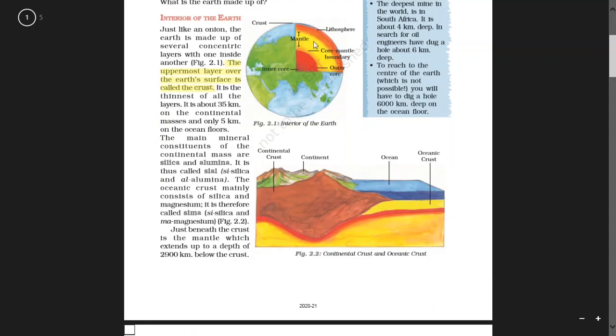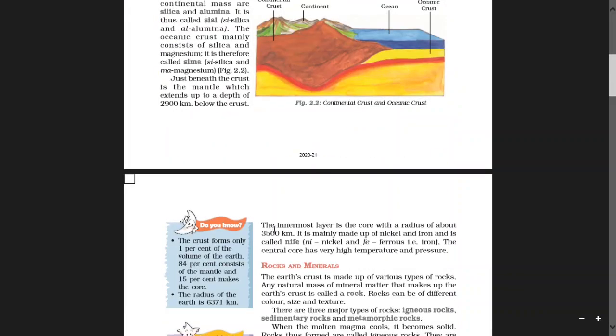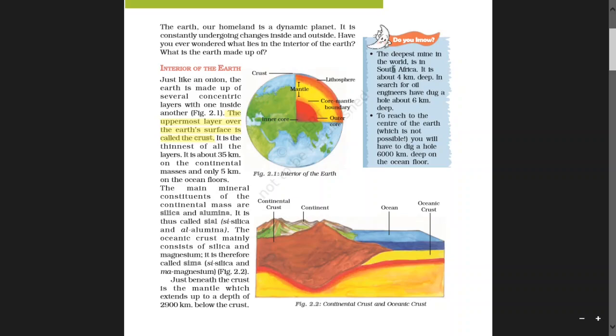Do you know? If you know, it's okay. If you don't know, you have to know this. Okay, mark it and you must learn it, boys. The deepest mine in the world is in South Africa. It is about 4 kilometers deep. In search of oil, engineers have dug a hole about 6 kilometers deep.